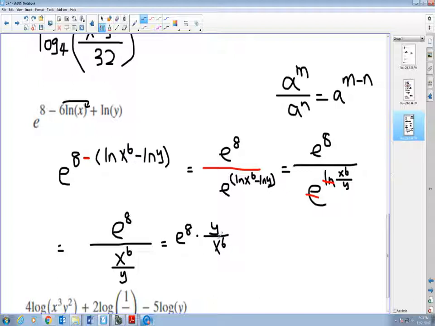So that actually flips my y to the top, x to the bottom, but my e to the 8 is still on top. That's why my final answer is e to the 8 times y over x to the 6th power. So a lot of division, exponent rules all come into place.